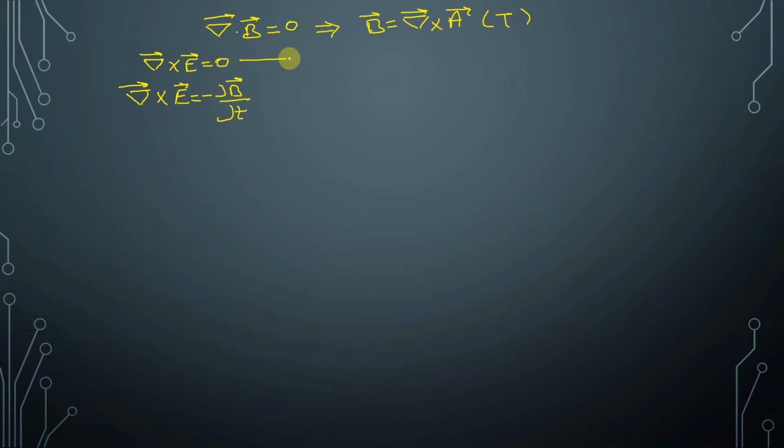For the electrostatic case, this was the value. If any field is curlless, you can write it in terms of the gradient of a scalar. If del cross E is equal to 0, then E is equal to minus del V.